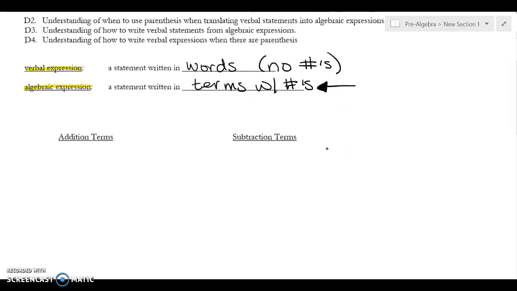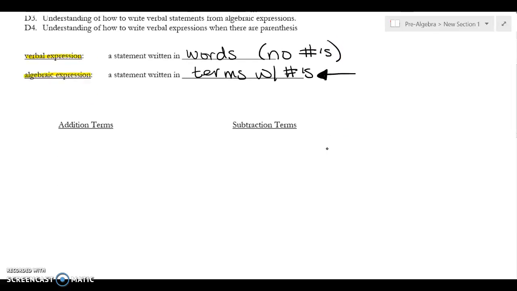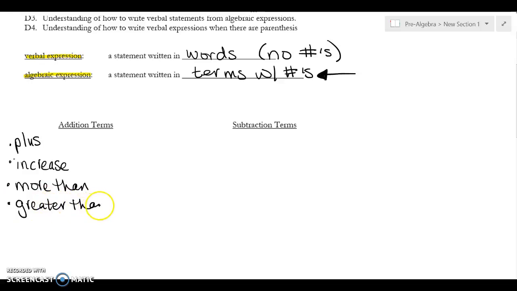All right, the first thing we need to do is know some different words for addition. Well, there's plus, increase, more than, greater than, add, and probably the most important one, and I'm going to put a star by it, is sum.